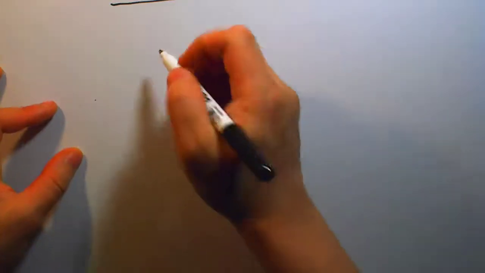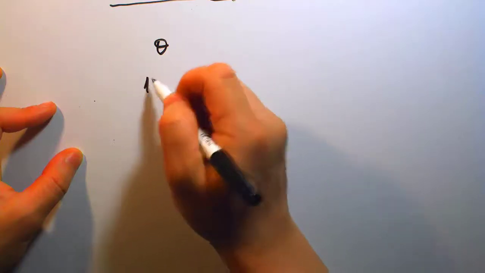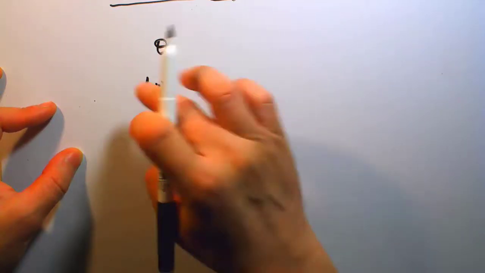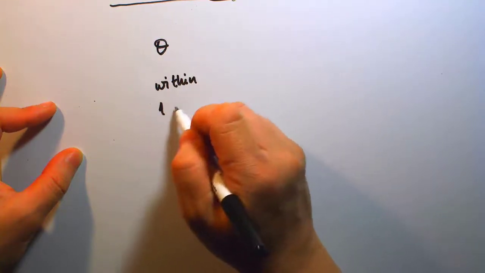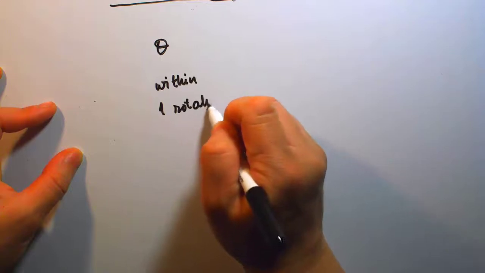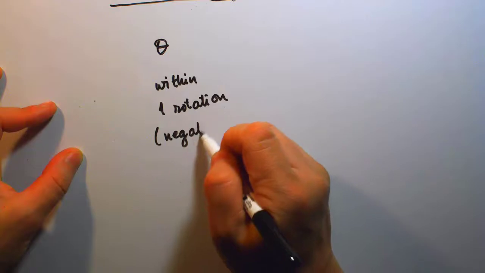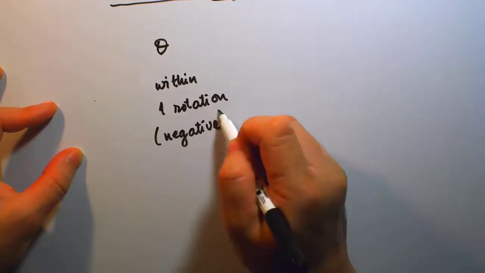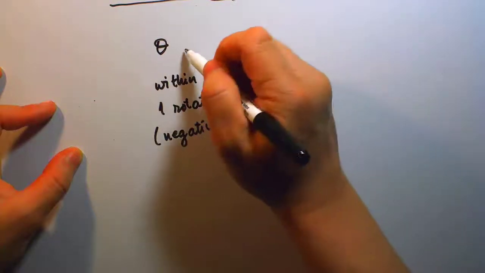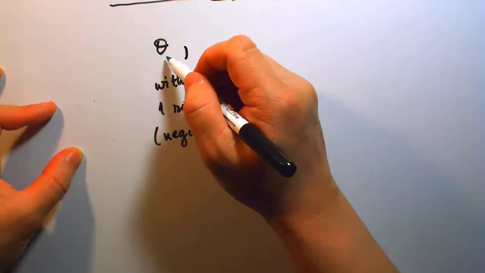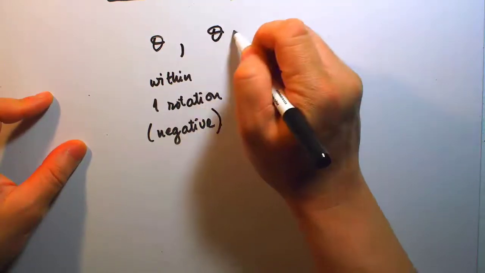And likewise, if your angle is negative, still within one rotation, but this time negative, then in the negative direction you can produce another coterminal angle by going theta minus 2 pi.